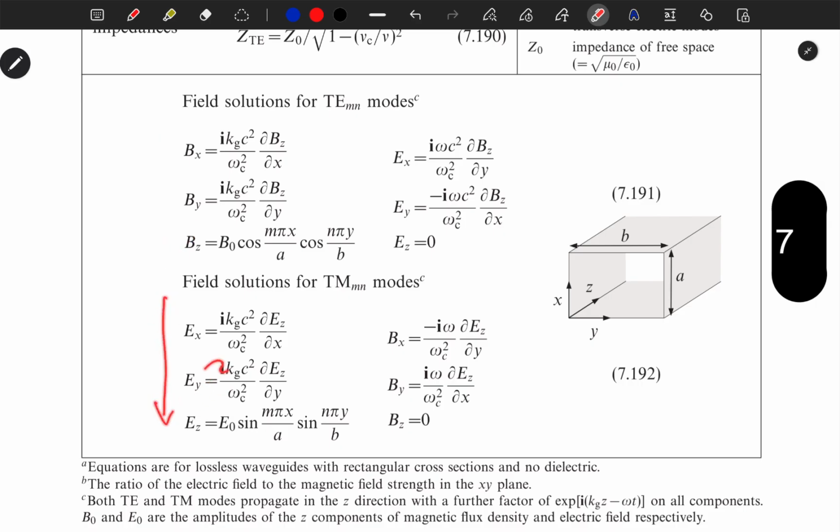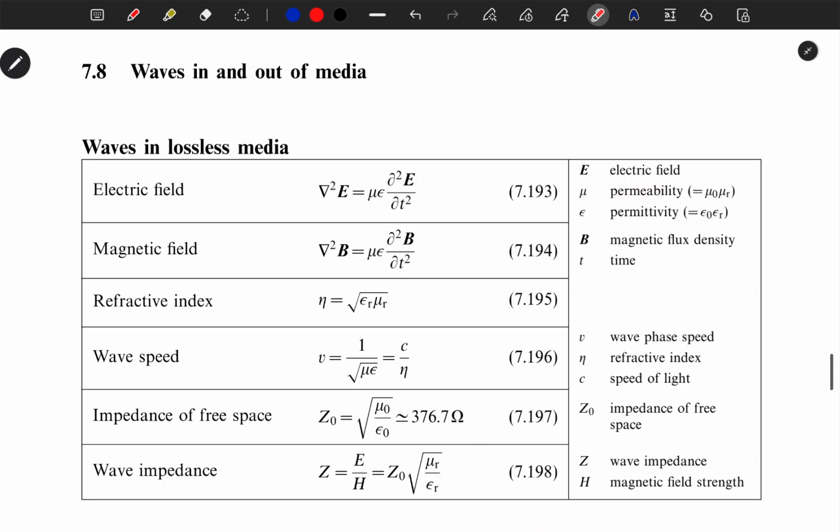For TM mode, we have Ex, Ey, Ez in the following form. Here for transverse electric mode, Ez equal to 0. For transverse magnetic mode, Bz equal to 0.